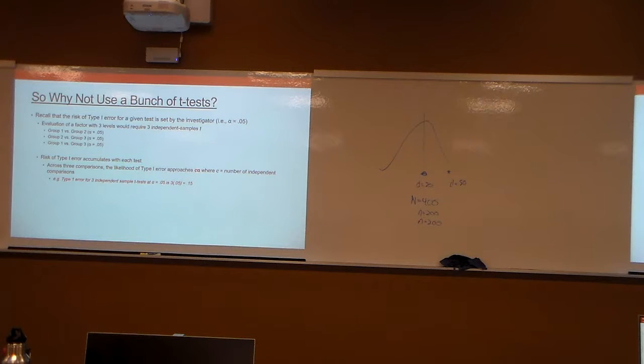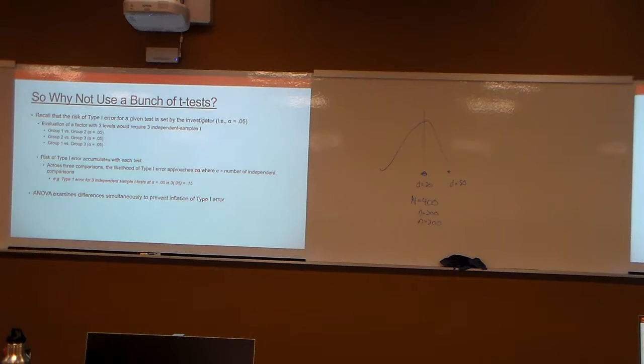That's a 15% chance of claiming that one of them is statistically significant, assuming the null is true for each one, that there is no difference across any of these groups. My risk of committing a type 1 error is now 15% instead of 5%.